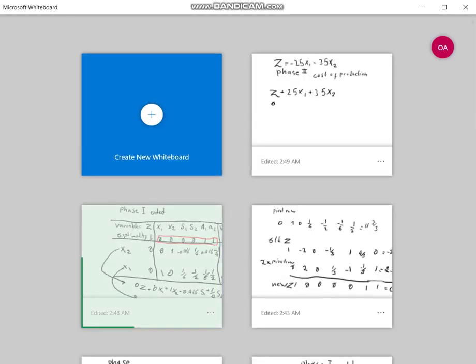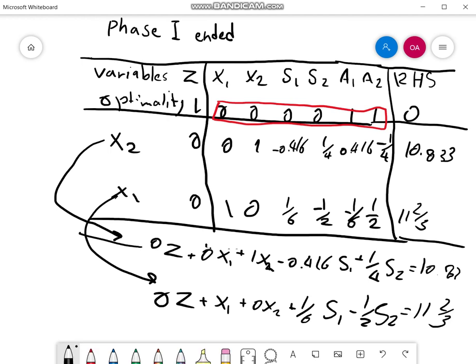I call this equation 1 and this equation 2. Then I will multiply x2's equation by the contribution of x2, which is 35, and x1's equation by its contribution, 25.